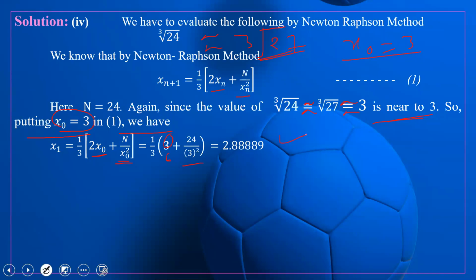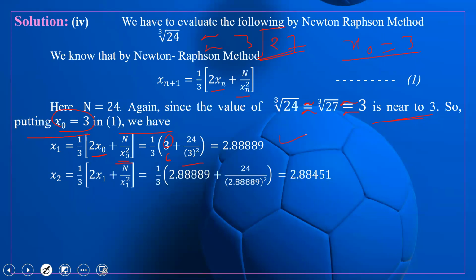So the answer will be this. The calculation is correct, but the 2 is missed over here in the next step, where 2 is multiplied with x1.